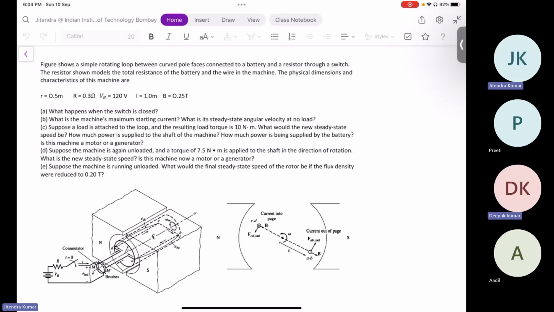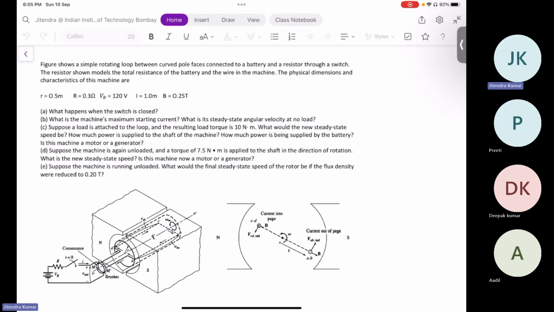Sir, the doubt was regarding this Scott connection, not parallel connection, sir. Acha, Scott connection. I think I haven't taught you the Scott connection. Am I right? Okay, what is the doubt there? Please let me know. At the end, if I get time, I will discuss that Scott connection.